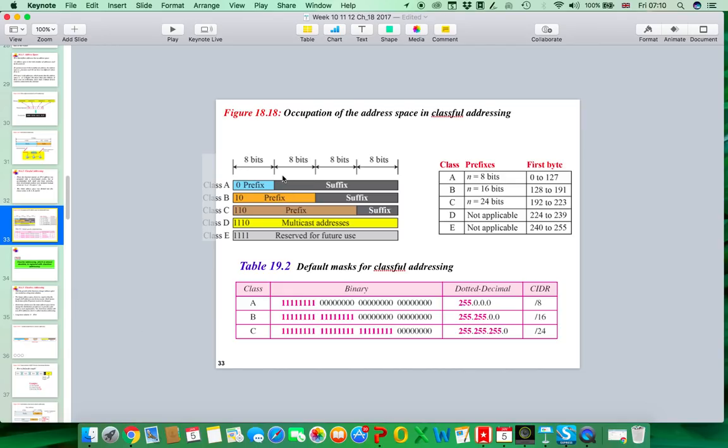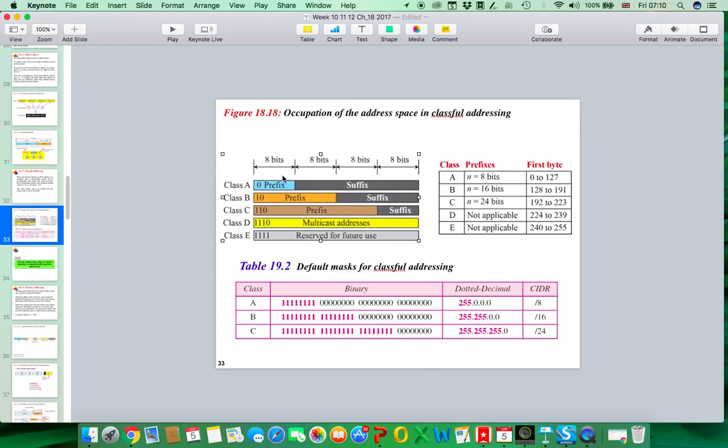So in this case, because we're having 8 bits for the network, the class A subnet mask is 255. Right, if you were to add all these ones, they're going to come up to 255.